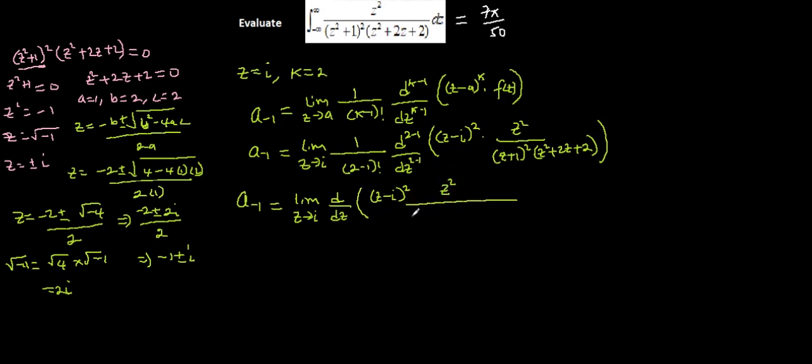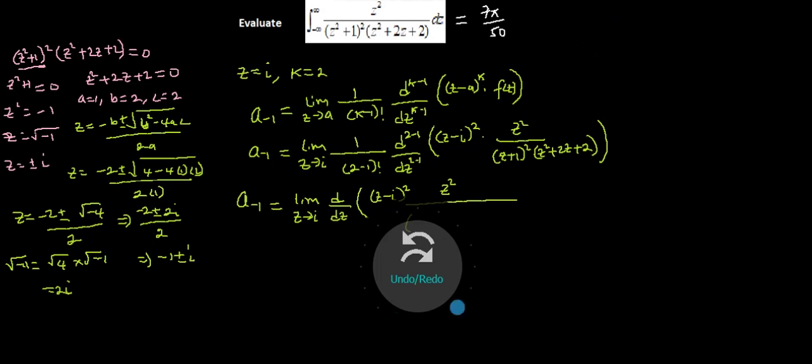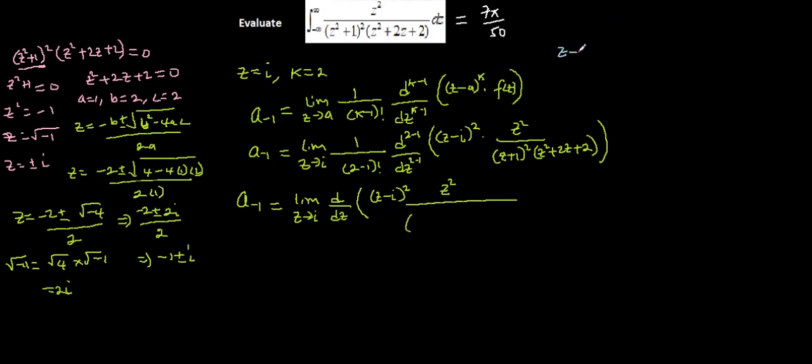Divided by, so look at this now, z squared plus 1 is equal to (z plus i) into (z minus i).